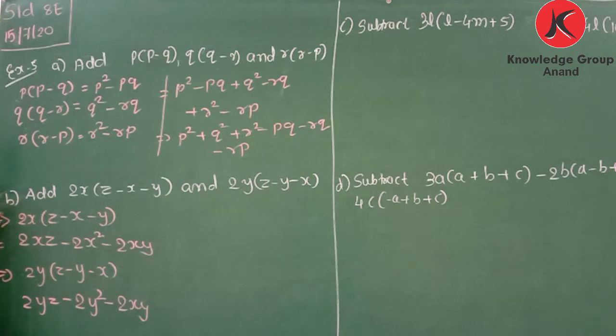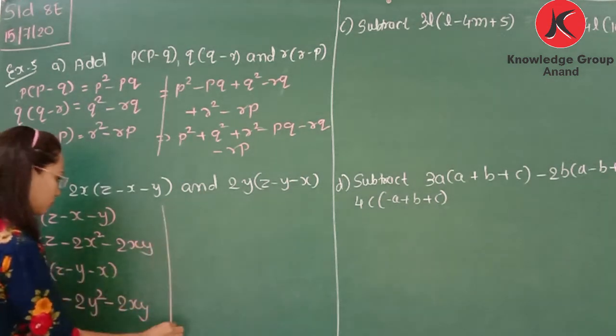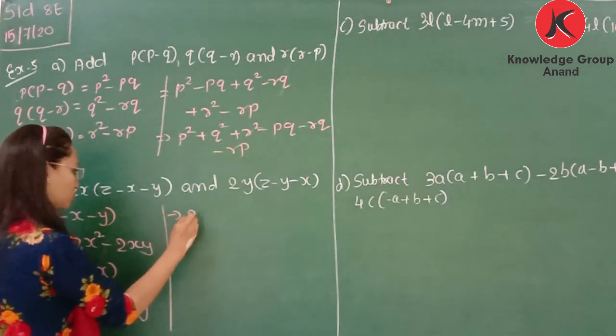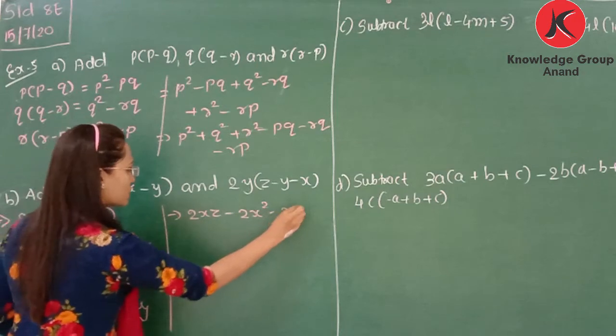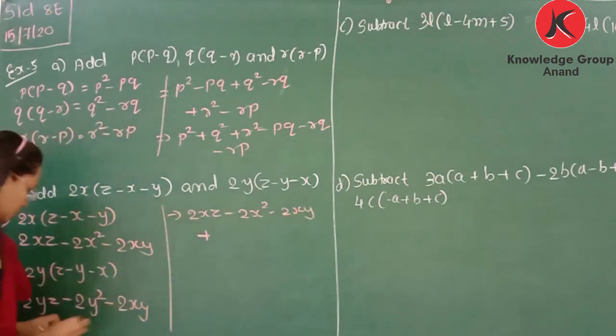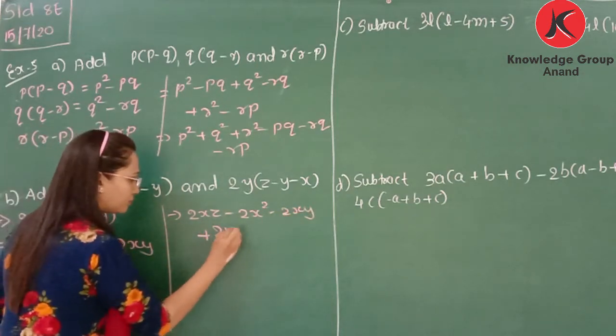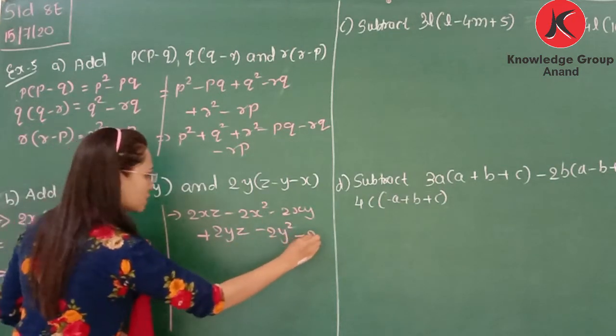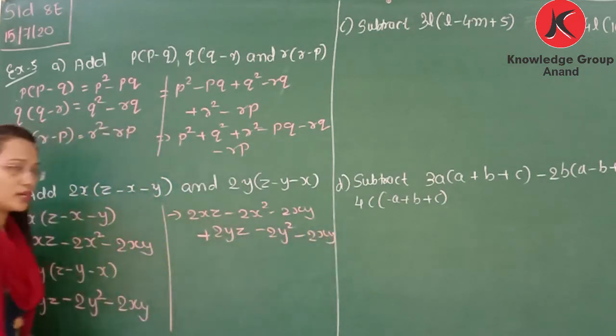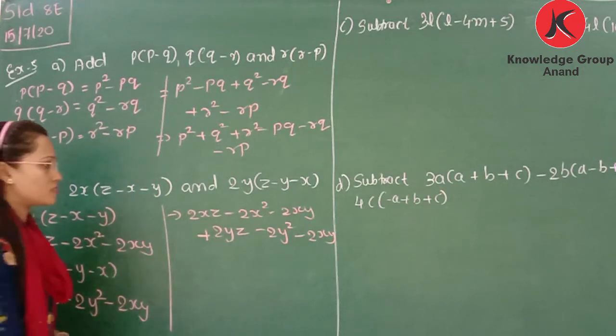Now addition of both expressions. So we have 2xz minus 2x square minus 2xy plus 2yz minus 2y square minus 2xy. Now can you see any like terms? Yes.